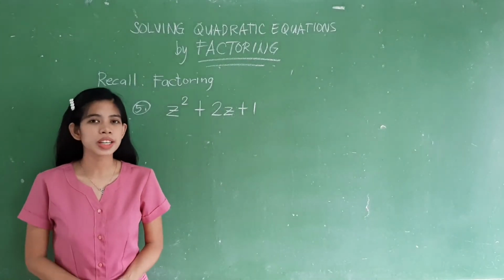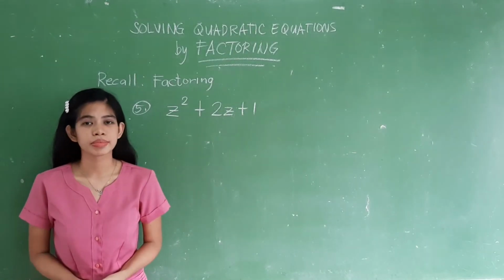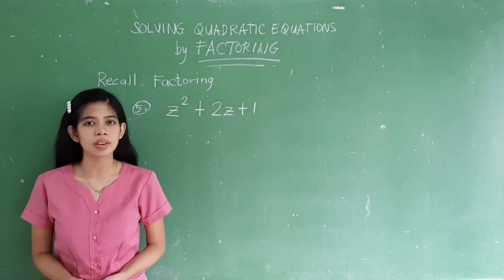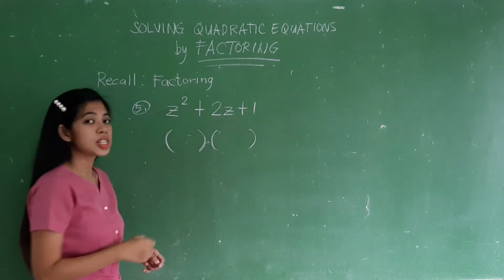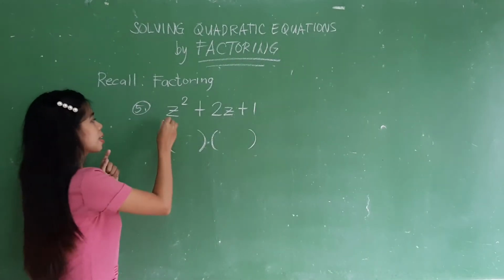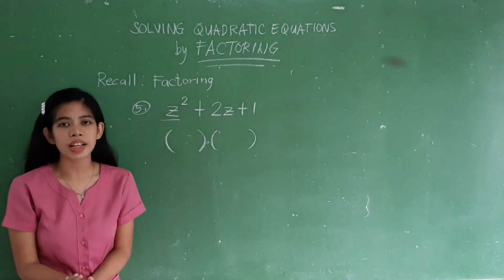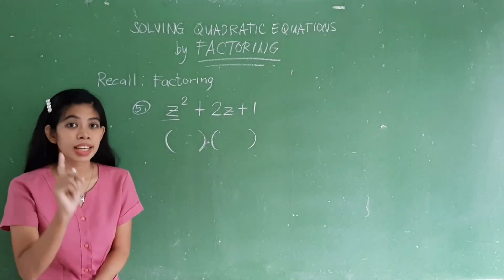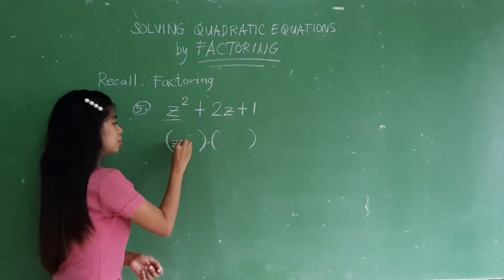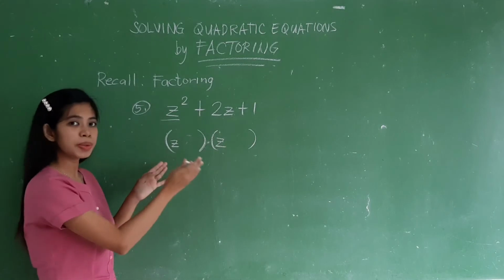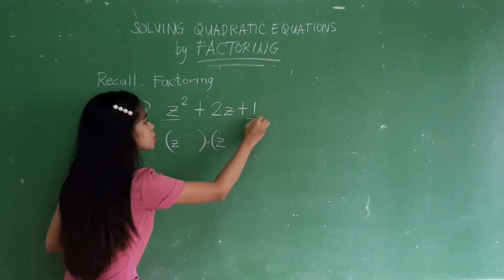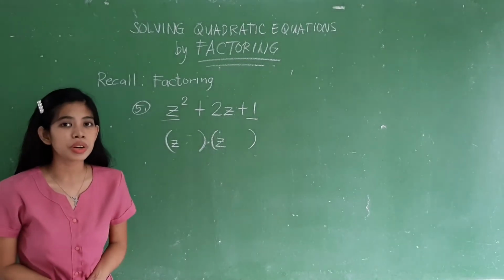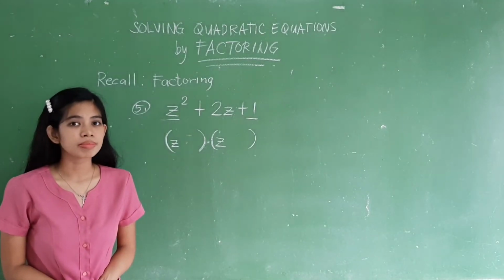Now, what if you were given a trinomial? How are we going to factor this out? So, all you need to do is to factor out first the first term. So, what are the factors of z squared? That is z times z. Let us separate the factors of z squared. Now, proceed to the last term. What are the factors of positive 1?